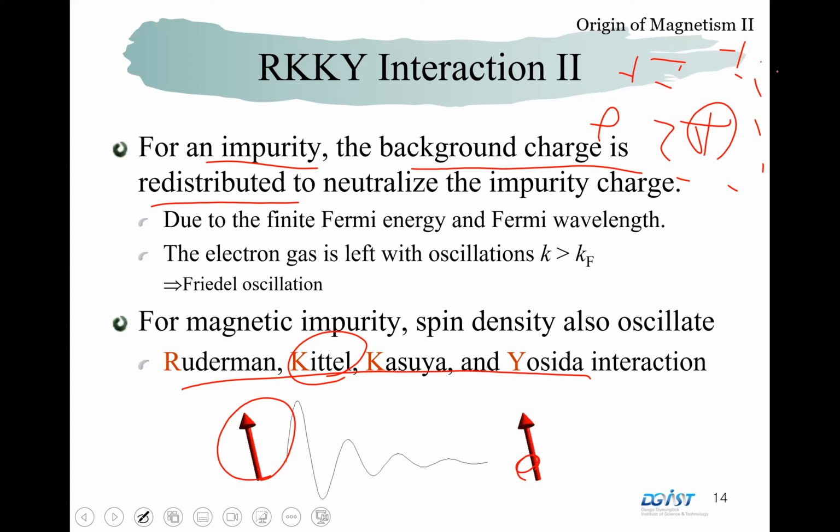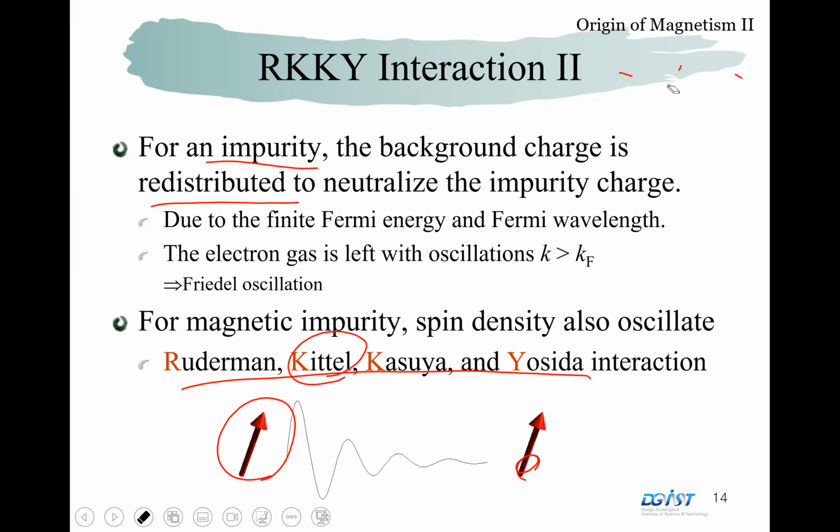So we have some kind of plus minus oscillations, kind of overshoot and undershoot. So we have oscillations. This is very famous oscillation in solid state physics. I don't remember the name. Anyway, so RKKY is basically the same physics. Such a change of sign in the electron polarization is the same thing that happens for the spins.